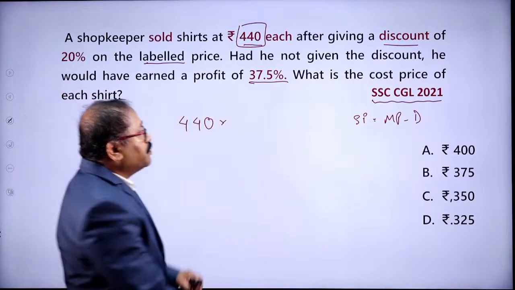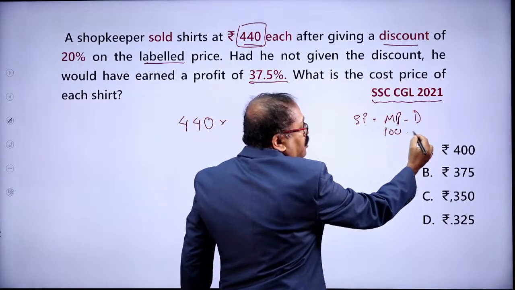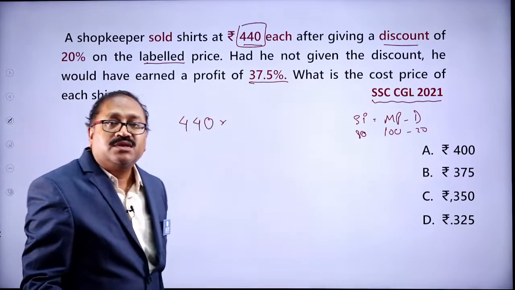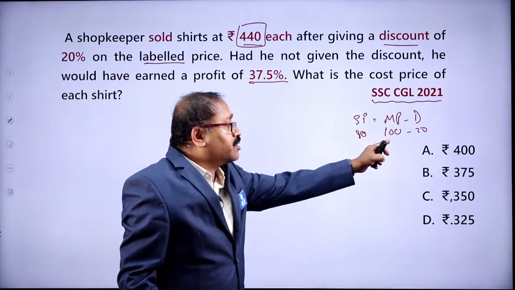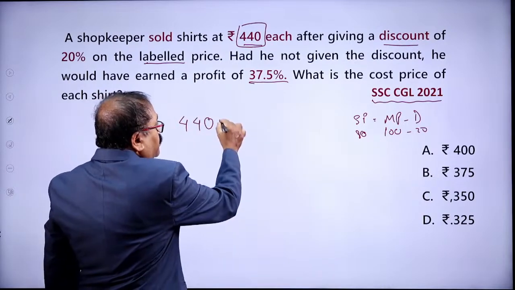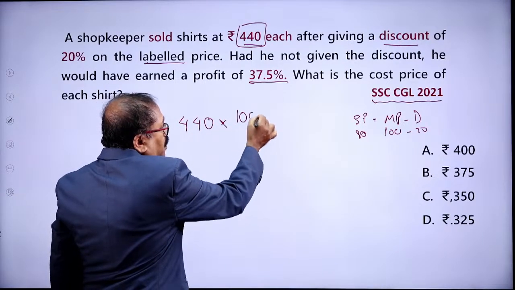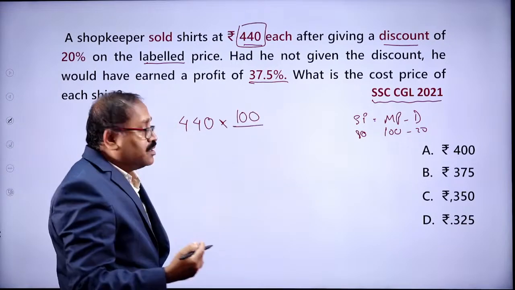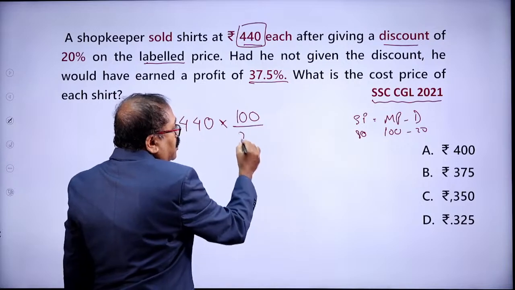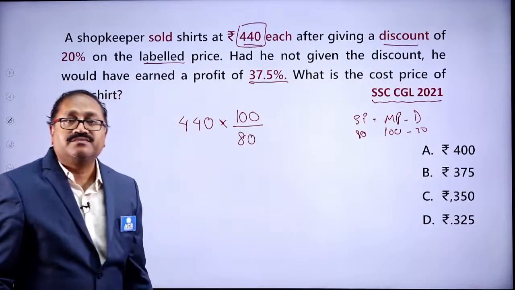So the mark price is always 100%, and with a discount of 20%, your selling price is 80%. If you have to find the mark price, you need to find 100%. The value given to us is the selling price, which is 80% of the mark price.